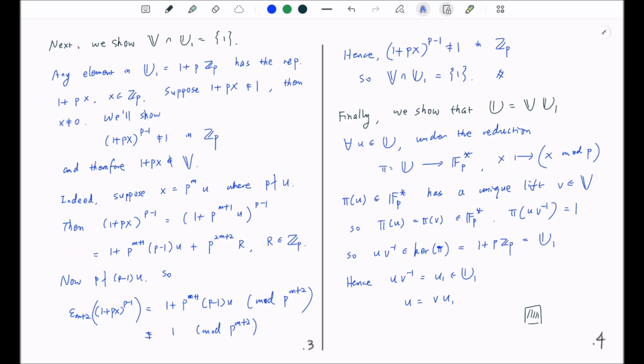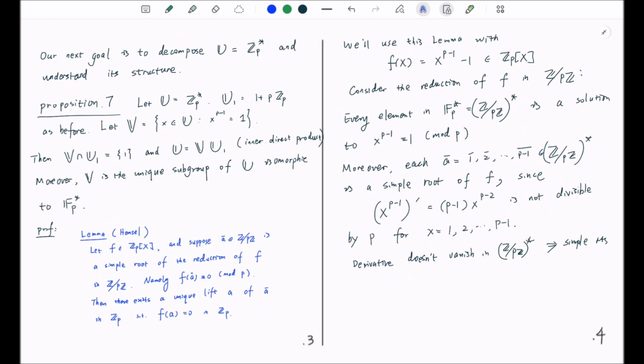I think this proof is more formal and rigorous than the original proof he gives. This proof is also indicated in his remark after this proposition, but I want to write a full proof for that remark. In literature, this group V is referred to as the group of multiplicative representatives of the elements of Fp star.